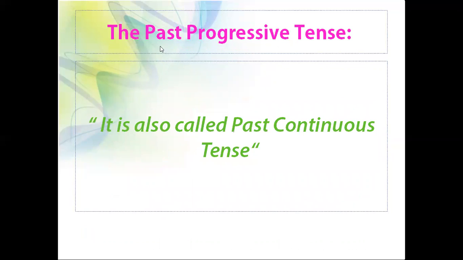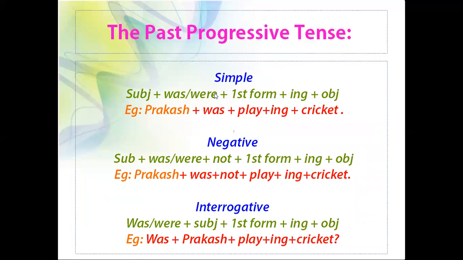Next, we are going to see past progressive tense. Past progressive is otherwise called continuous tense. It is also called past continuous tense. So this is the structure for past continuous tense: subject plus was or were plus first form plus ing plus object.